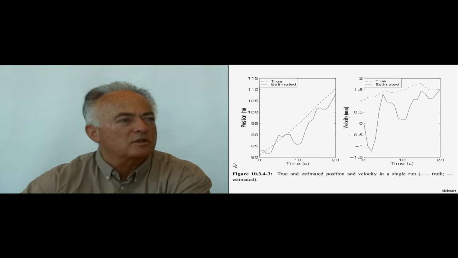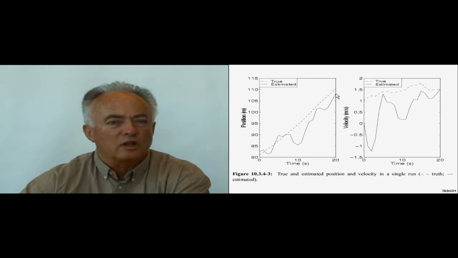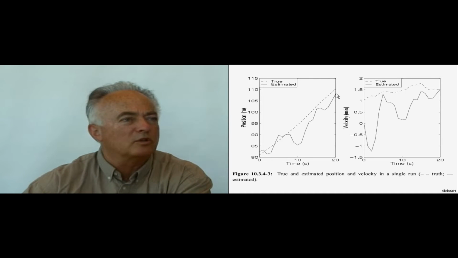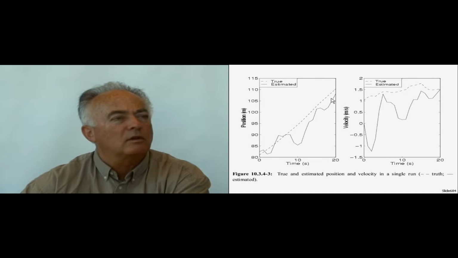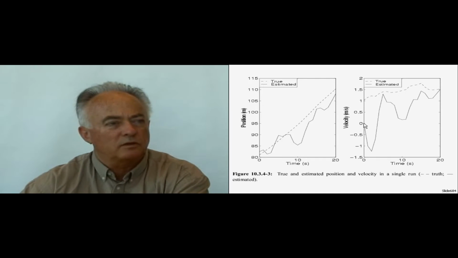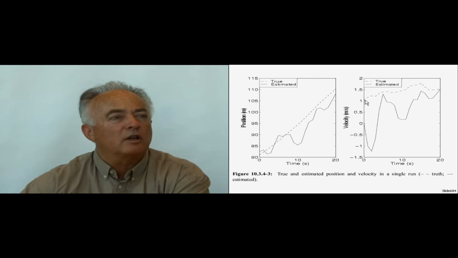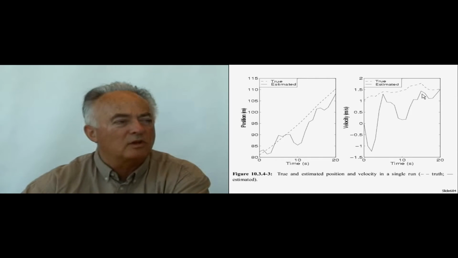And here are the estimates of the position based on the initial initialization we discussed and the subsequent measurements. Looks like the position is fairly well estimated. The velocity, it's a little bit strange because we assumed it to be 0. We start at 0. There's the initial estimate. Well, it is 1, but the filter doesn't know that. It looks like it's going backwards, but then eventually it picks up that it is moving forward.